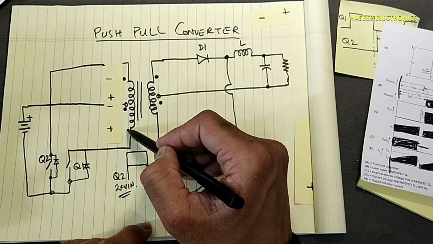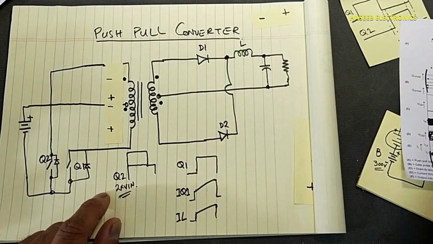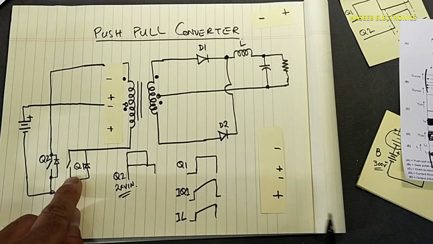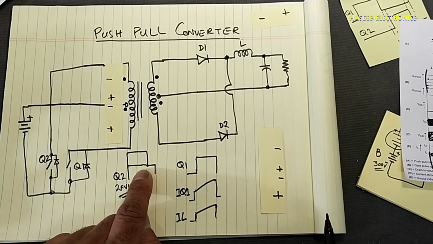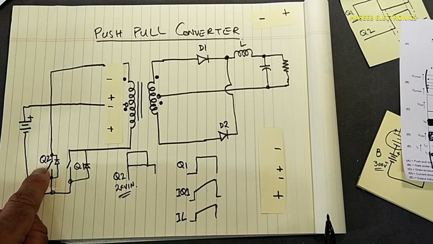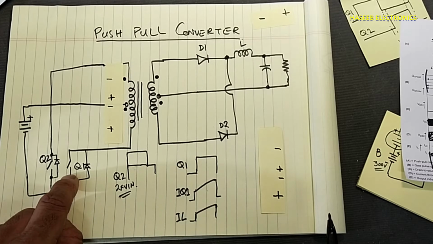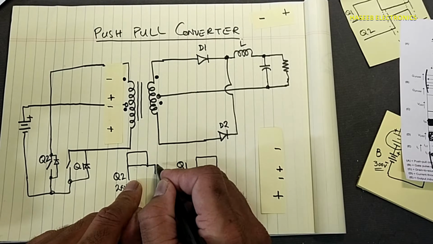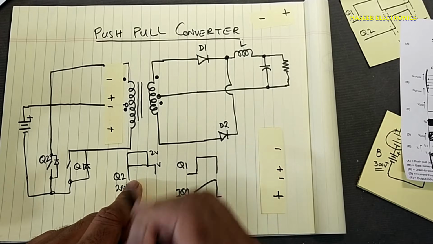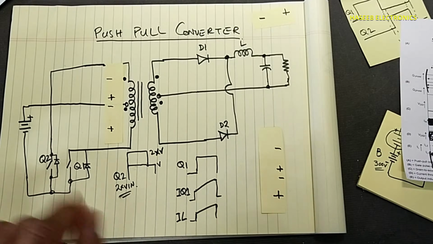In the same way, the two voltage sources will be in series and Q1 will receive the same voltage stress as Q2 was receiving at Q1 turn on time. Now Q1 will receive 2V in. Here is V, here is 2V, double the applied voltage.